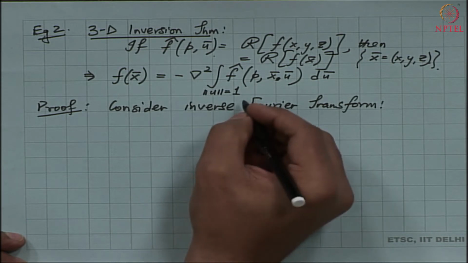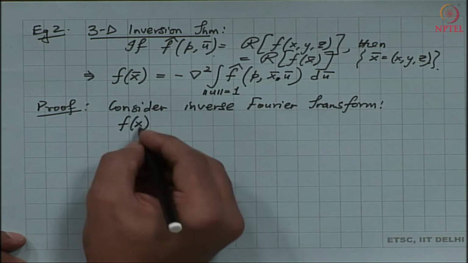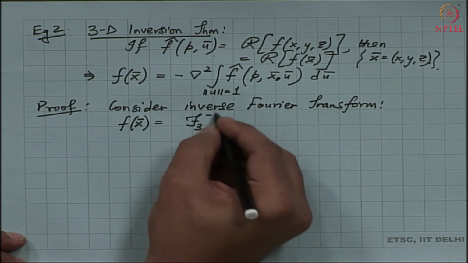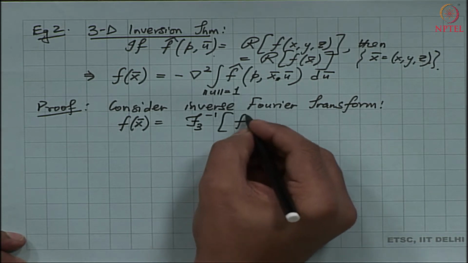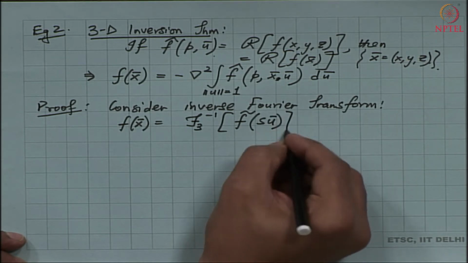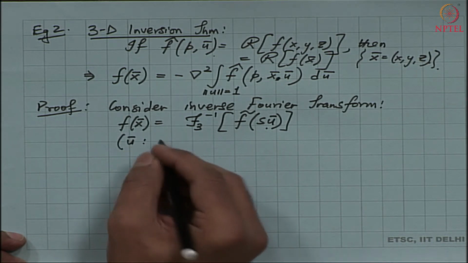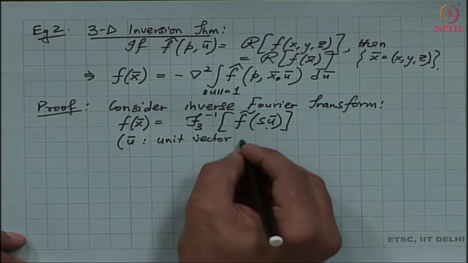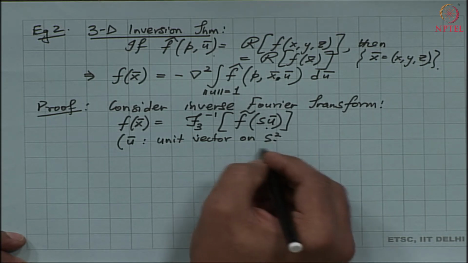In spherical coordinates I get the following result: f of x is equal to the inverse Fourier transform in 3D over S2. So, my vector u bar is a unit vector on S2. Okay. S2 is the surface of the sphere in 3D.